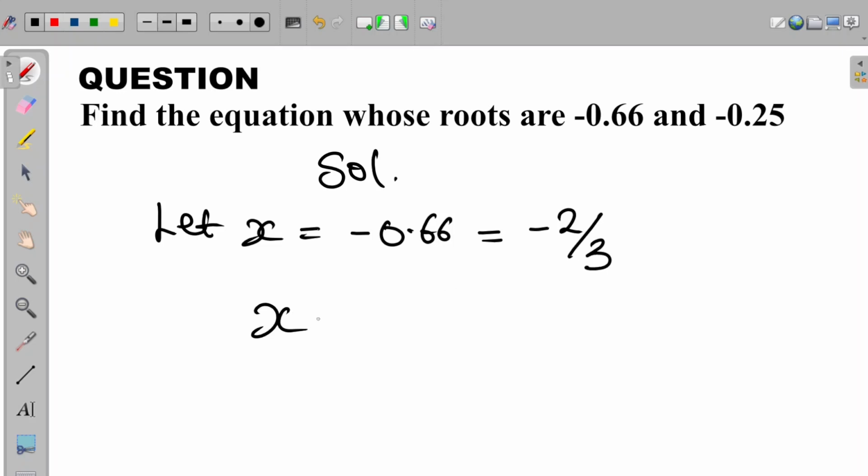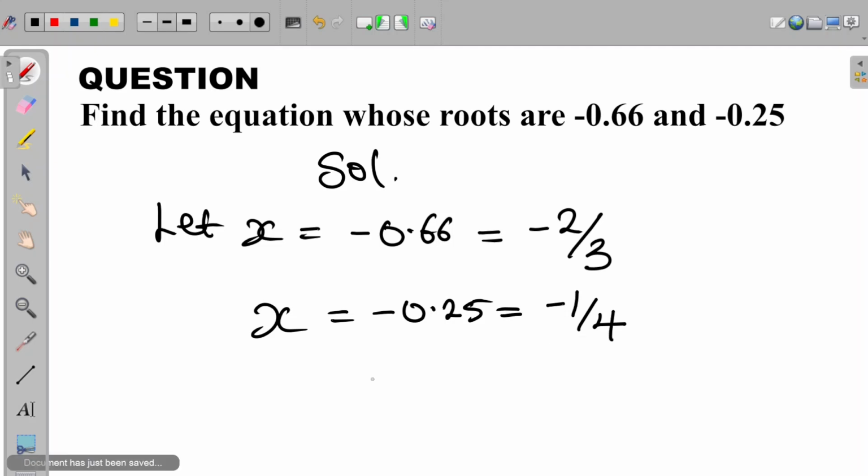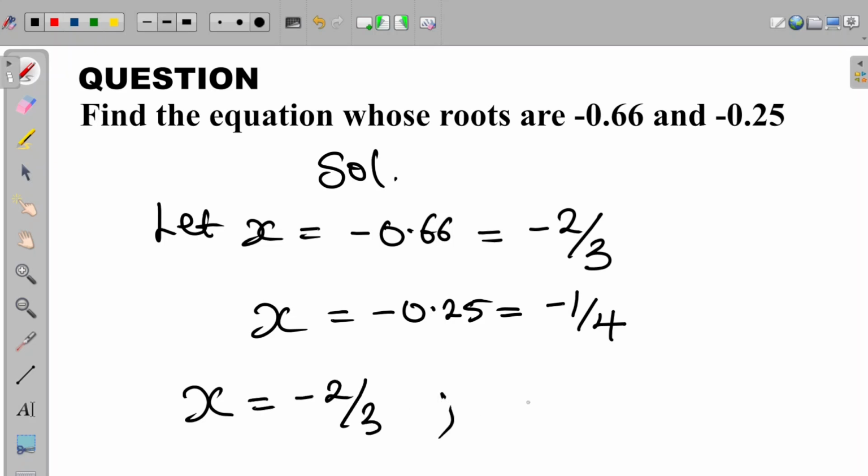Also, x is equal to minus 0.25, which can also be expressed as minus 1 divided by 4. So we have that x is equal to minus 2 divided by 3, and also x is equal to minus 1 divided by 4.